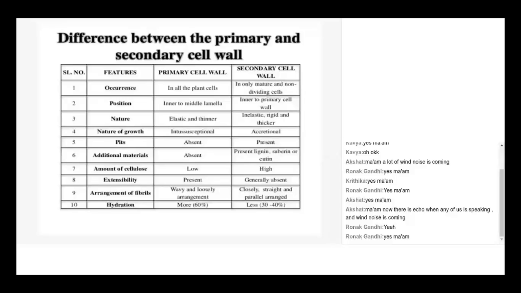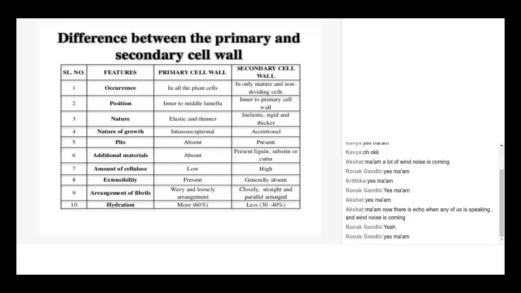Means what? If you have a middle lamella like this, then you will have the primary cell wall, then you will have the secondary cell wall. Actually, this is the composition. So that is how the arrangement happens.